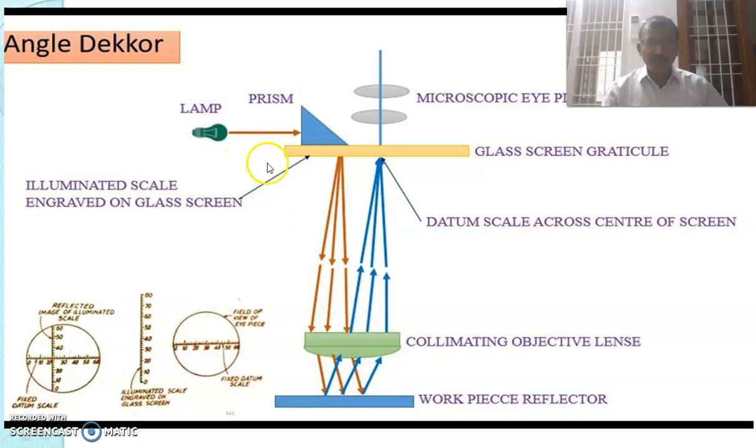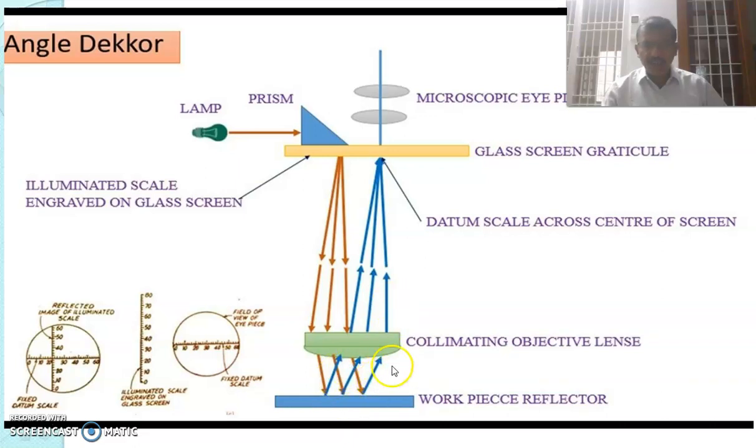I'll explain one more time. It is a monochromatic light source. This is a prism. It is an illuminated horizontal scale, engraved on a glass screen. The light beam carries the image of the horizontal scale while passing through the collimating lens, and it is reflected from the workpiece or the reflector.